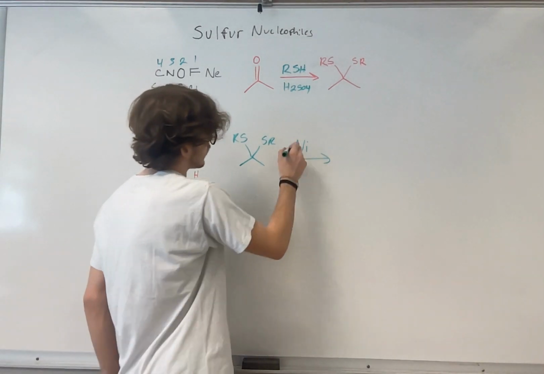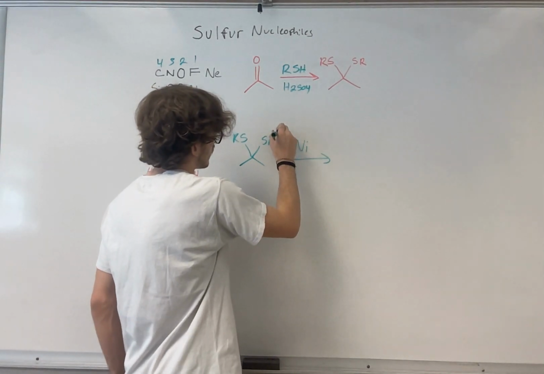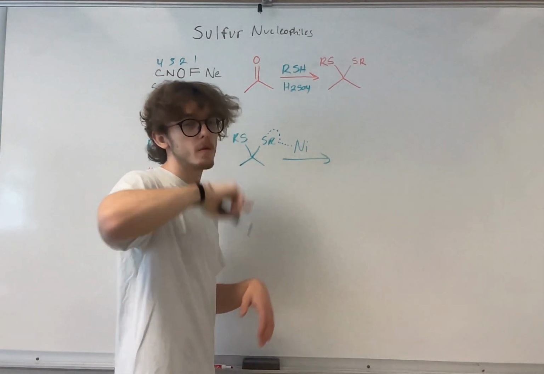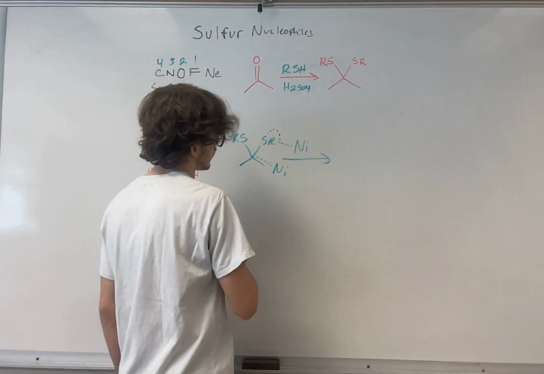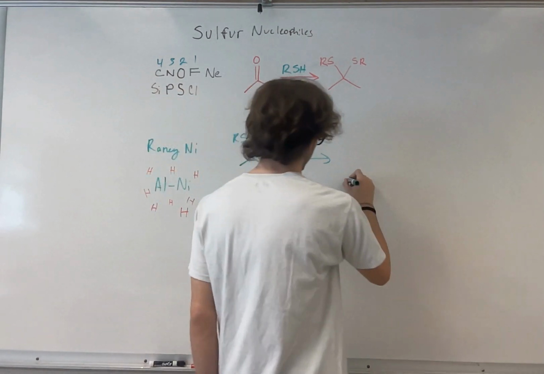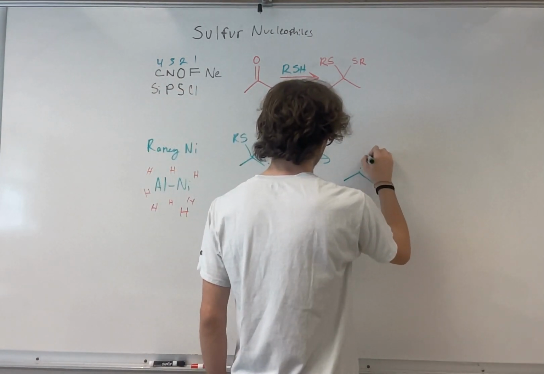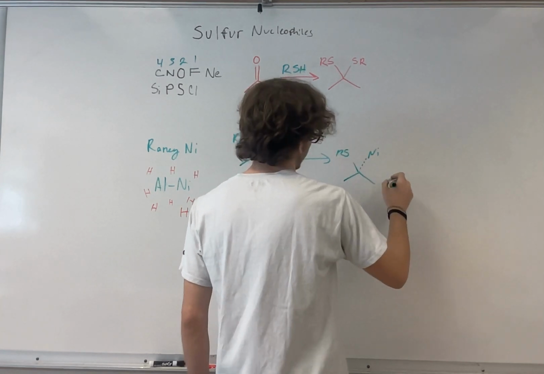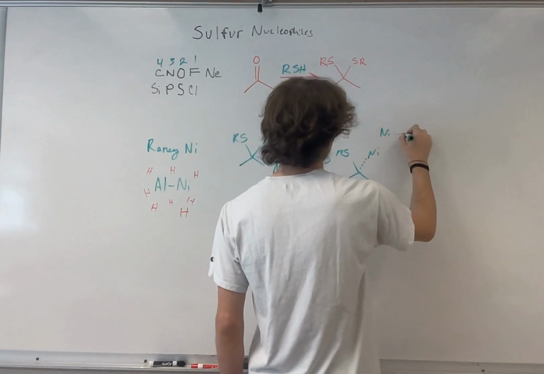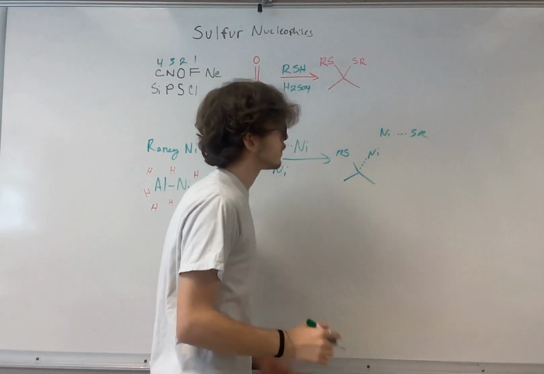So he's going to bind to the sulfur. Sorry, I had to kind of go around the R group there. And another molecule of nickel is going to come in and attach itself. So what happens is we're going to get bonding to the catalyst, and then nickel is bound to the sulfur.